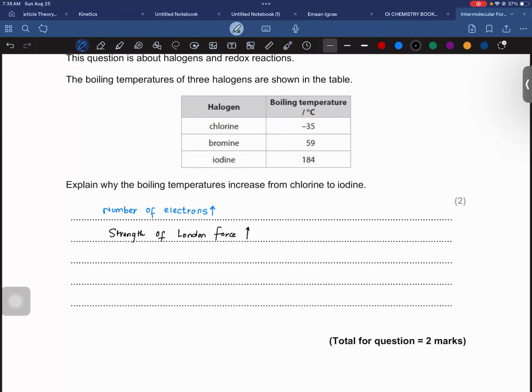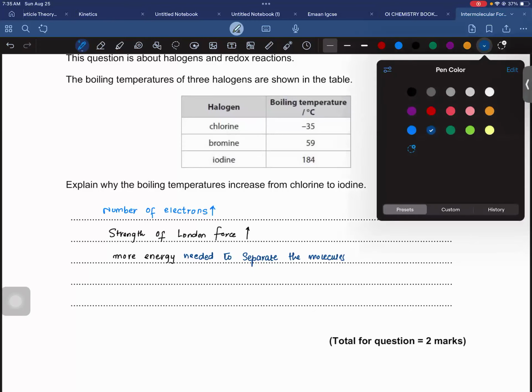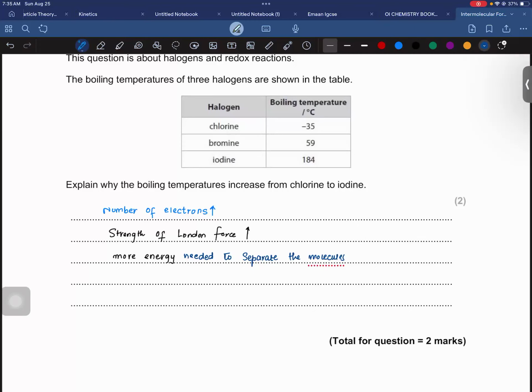When the strength of London force increases, more energy is needed to separate the molecules. Why am I saying that more energy is needed to separate the molecules? Due to this.